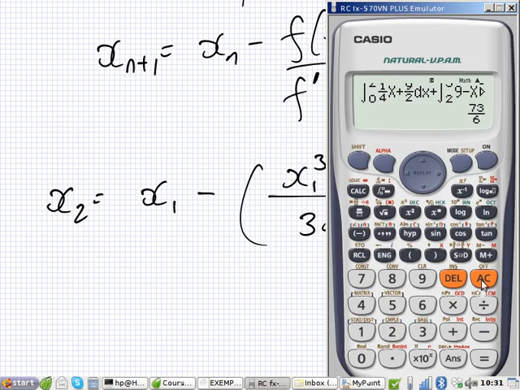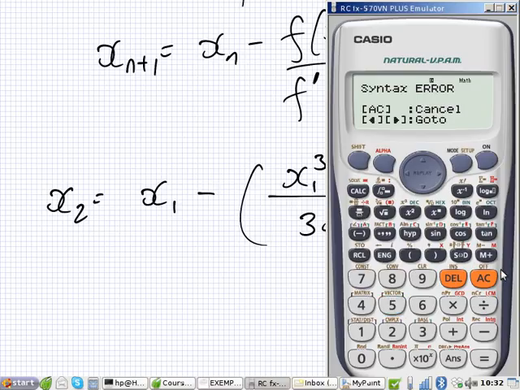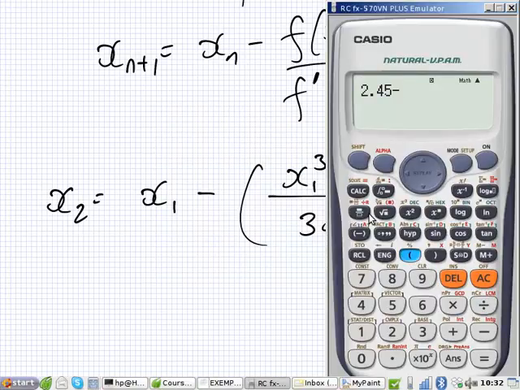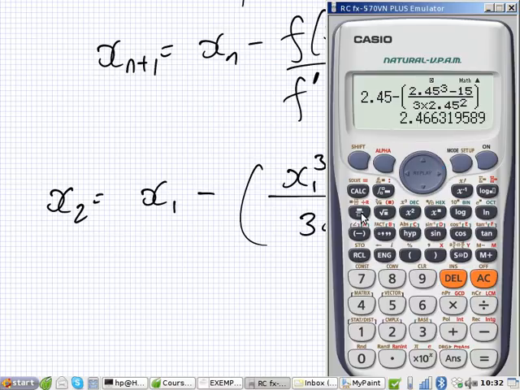So, using the calculator now, what is x1? It said 2.45, wasn't it? I think it said to start with 2.45 in the question, actually. Minus 15. 2.466 or 2.47.